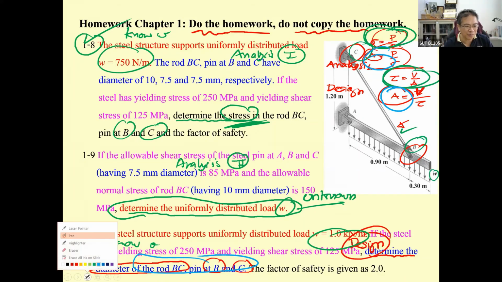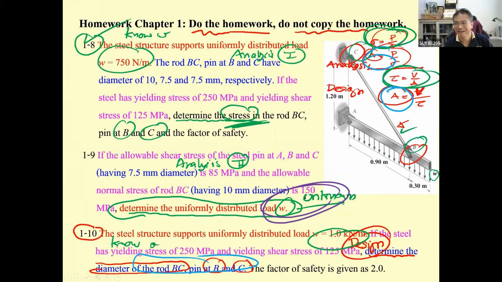The last one asks you to determine the load. So just guess what type of problem Ajahn will give you. This is the major thing. I'd like you guys to focus on these three types of them, how to work on them based on the equations that we have over here.